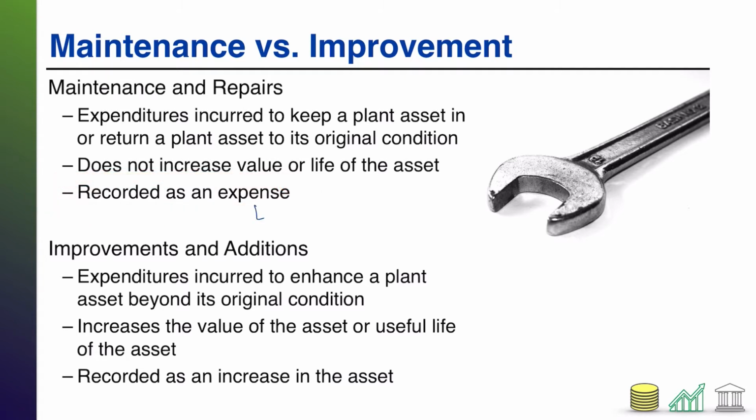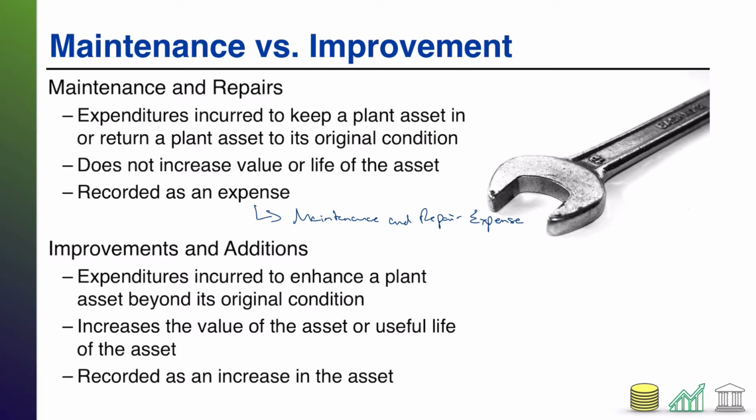Specifically, you are going to expense them to an account called maintenance and repair expense. Okay? So anytime you have something that you had to spend to either keep it in its original condition or return something that had broken back to its original condition, that's simply an extra cost that didn't add any additional value to the company, therefore you expense it.